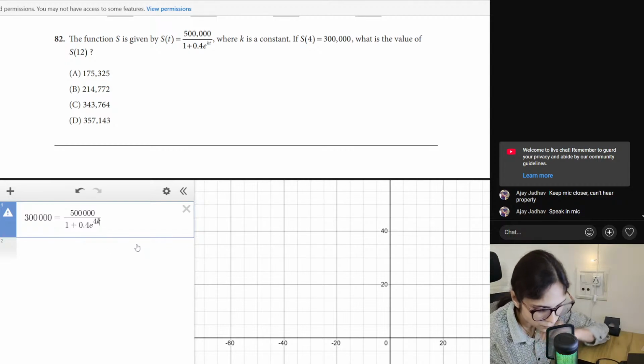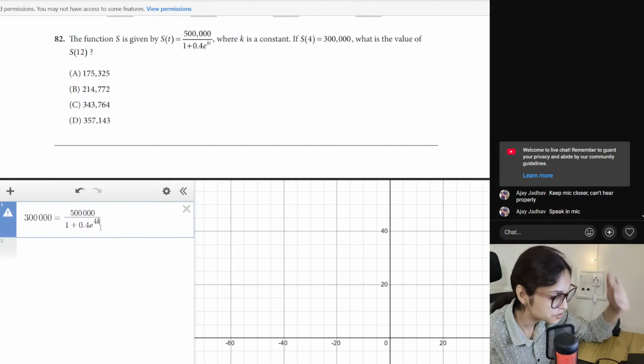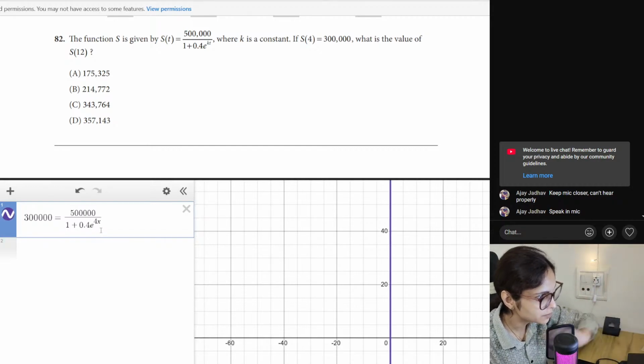And those who have been preparing for SAT know that Desmos does not understand k, so I will replace k with x.